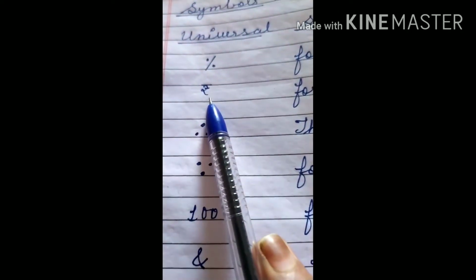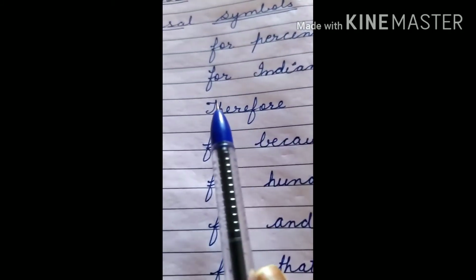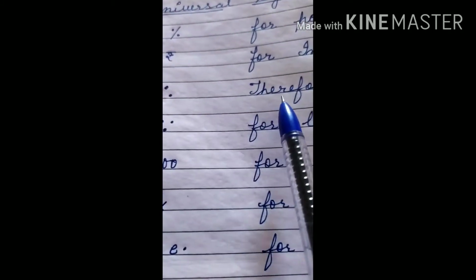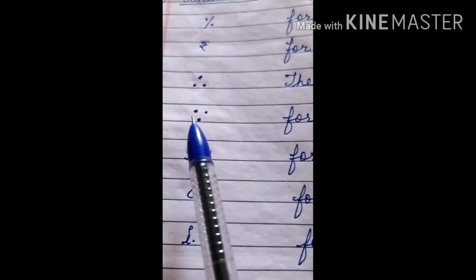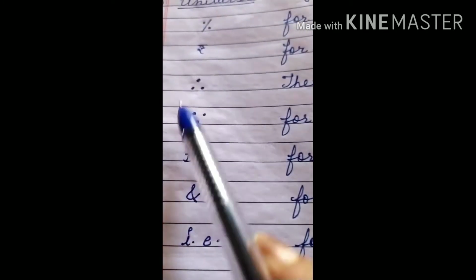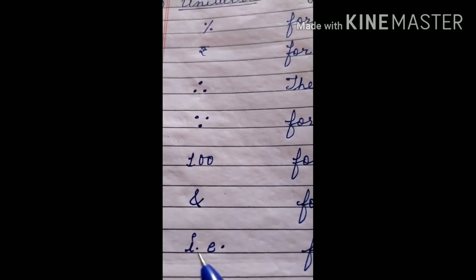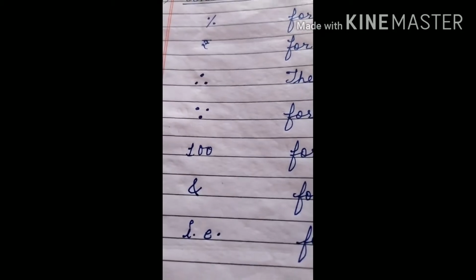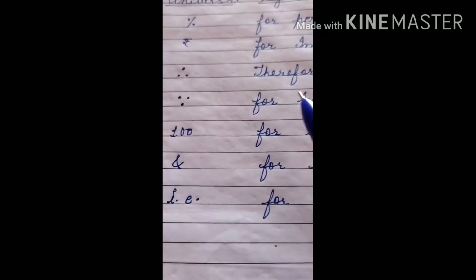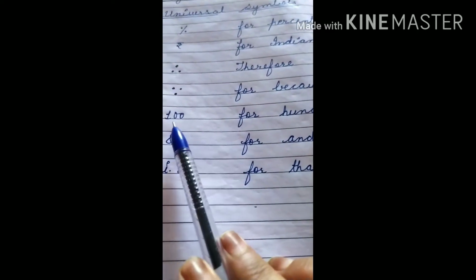Similarly, this symbol is used for Indian rupee. This symbol is used for therefore. This symbol is used for because. These all symbols are already in your mind. But while making notes, these are very helpful, very useful to save time.